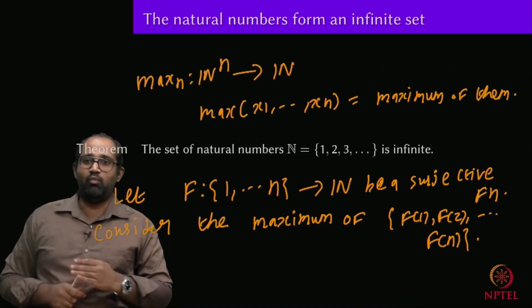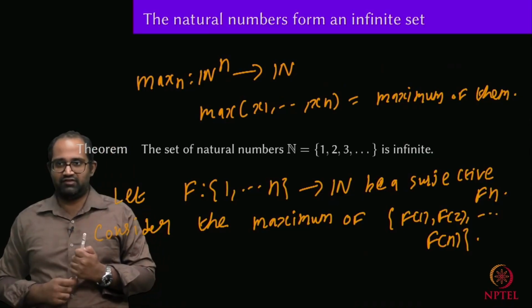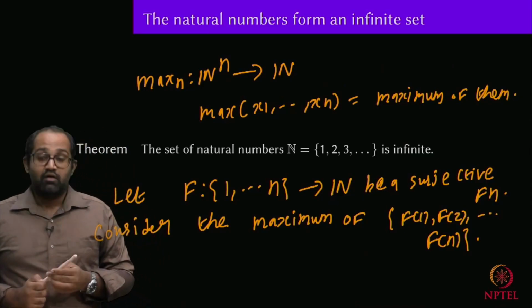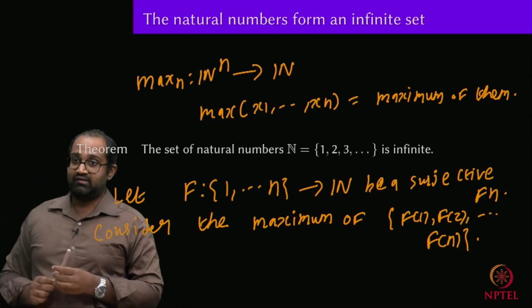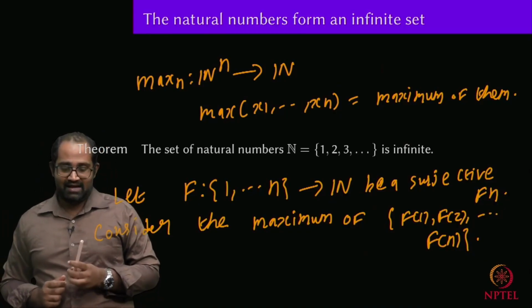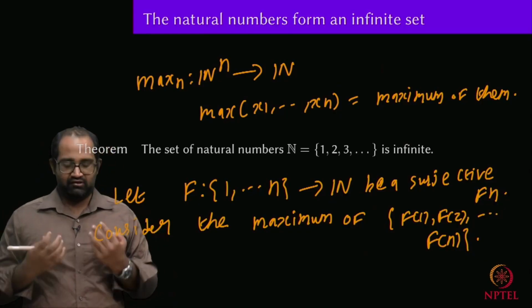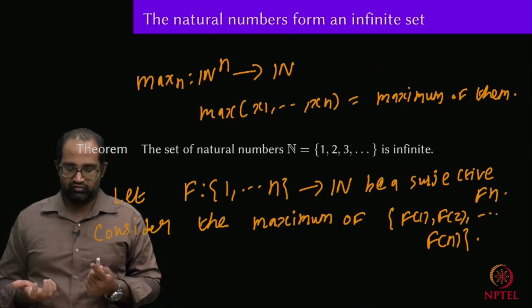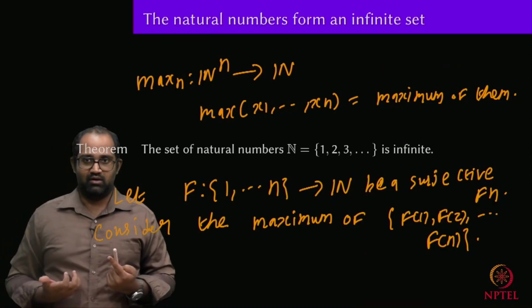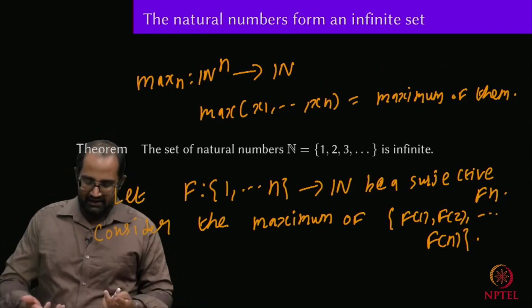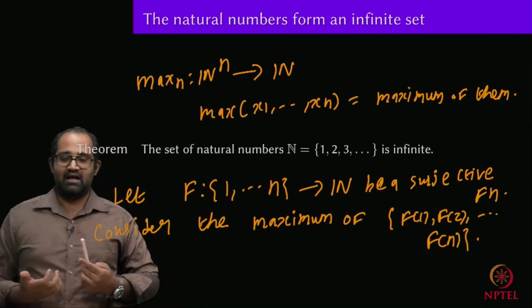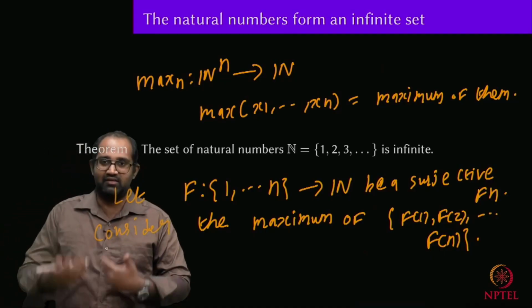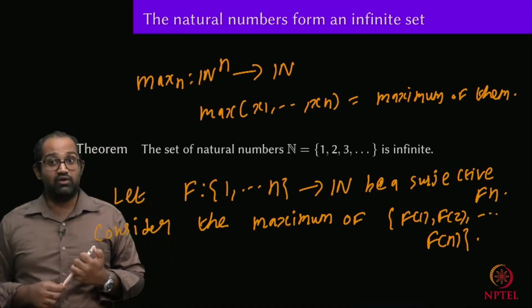Now, it is a somewhat tedious exercise to show that such functions actually exist. For 2, if you just have 2 natural numbers, it's rather easy. You can say max of x1, x2 is x1 if x1 is greater than or equal to x2, otherwise it's x2, right? Now, if you want to define for n natural numbers, you can either keep using this same logic or you can use recursion.